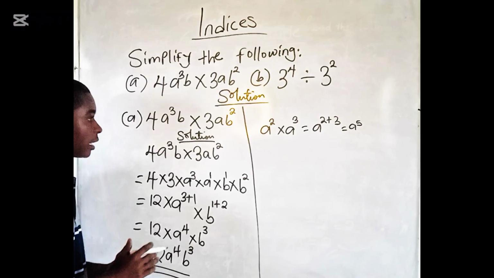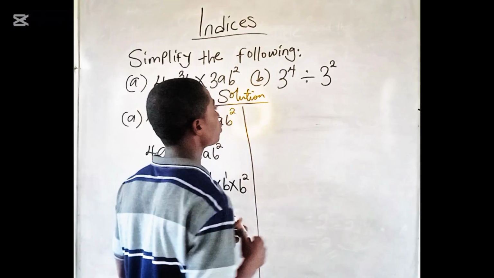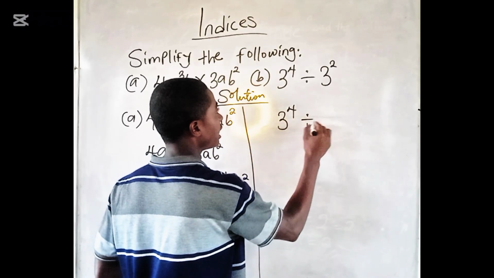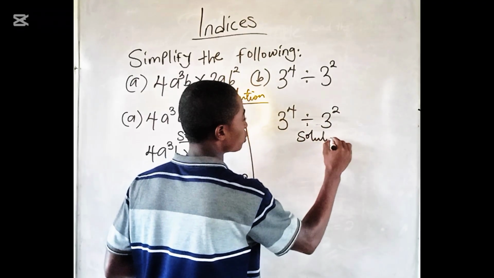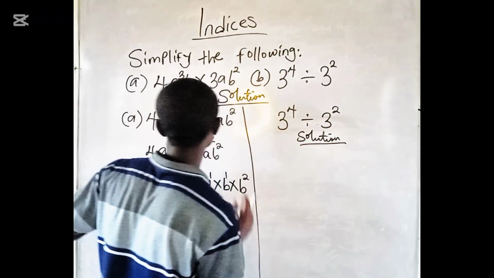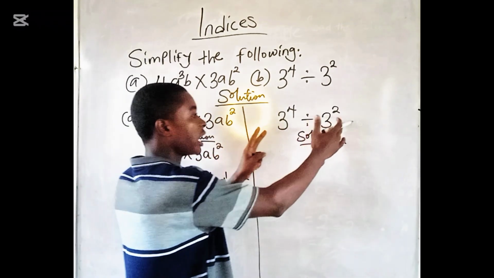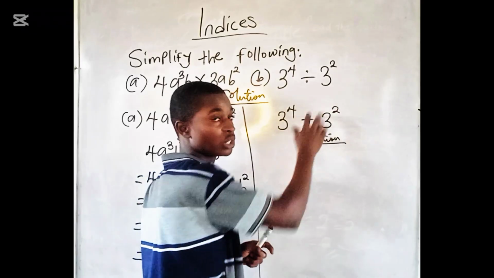You get? Now let's come back to the second one that we have here. What we have here is 3 raised to the power of 4 divided by 3 raised to the power of 2. Now this is how you're going to solve this. This falls under multiplication law of indices, while this falls under division law of indices. Division law because we have a division sign.